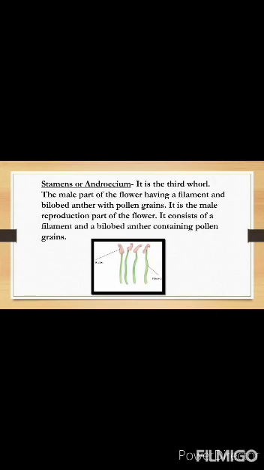It is the third wall. The male part of the flower having a filament and an anther with the pollen grains. It is the male reproductive part of the flower. It consists of a filament and an anther containing pollen grains.